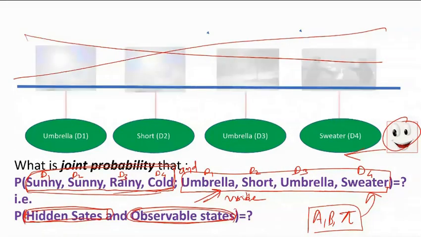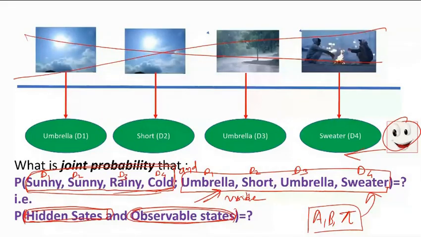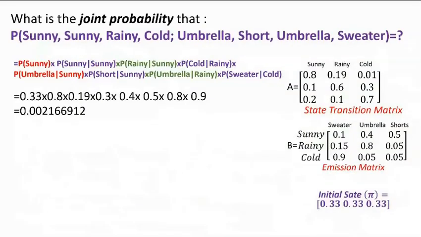You can use your table and easily find this out. We have this pair for the first sunny day. Since it is the first day we don't have any prior, so there is no conditional bar here. It comes from the initial state, and the table says it is 0.33.